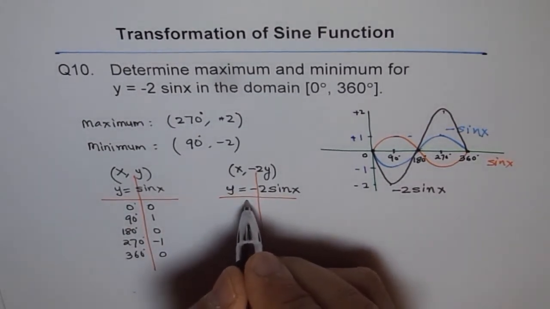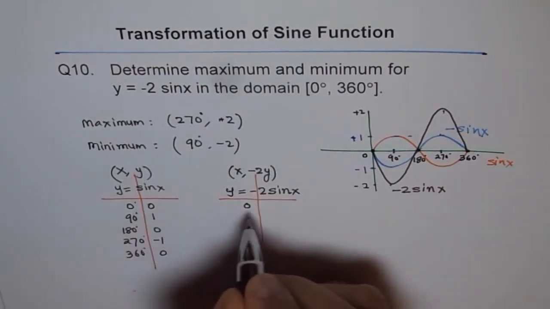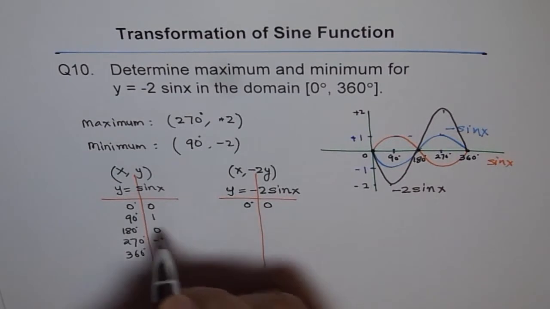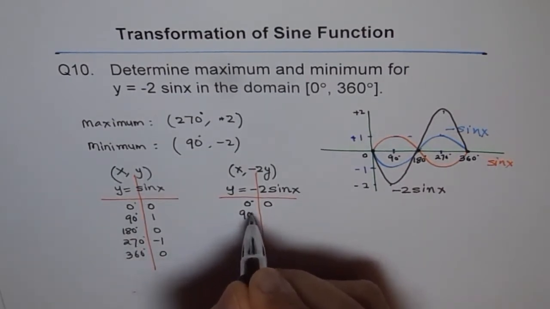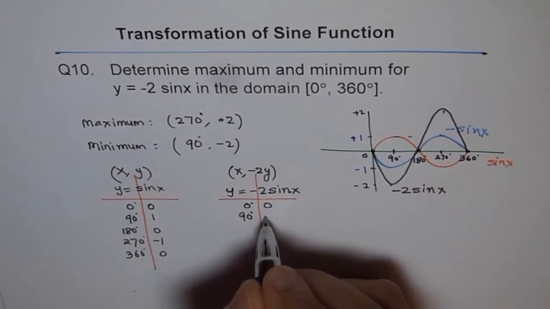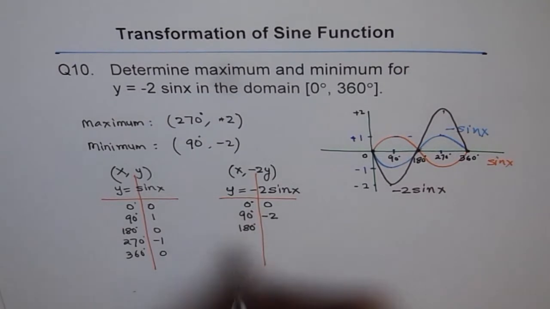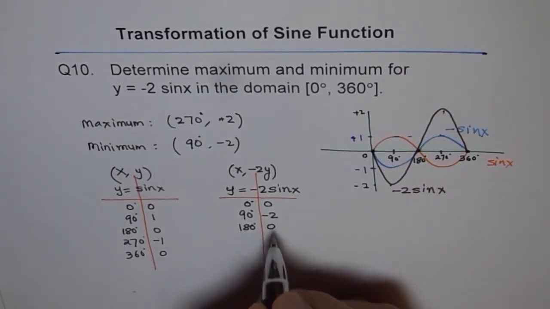So x remains x. So let me write x points at 0, and the y becomes minus 2 times 0, which is still 0, right? Now for 90 degrees, minus 2 times 1 gives me minus 2. For 180 degrees, because x values are not changing, 0 becomes 0, correct?